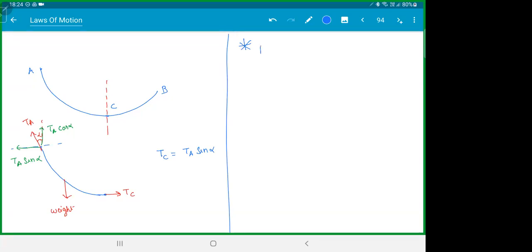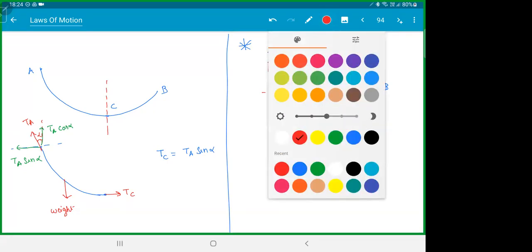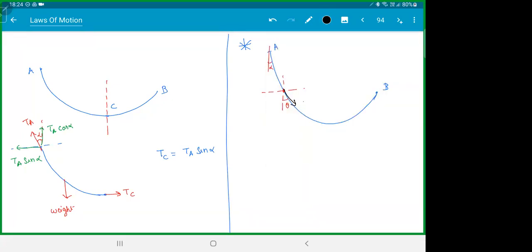Now in this, there is one important thing if you observe. It doesn't matter. This is B, this is A. You choose any random point on the string, okay? Any random point on the string. And let's say this one is making an angle theta, and this one is making angle alpha. You'll observe, if you take this as tension T, this will be T sine theta.